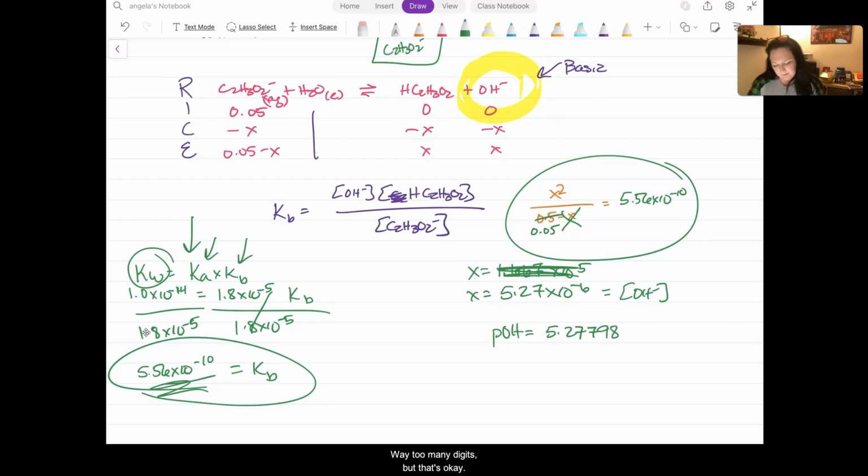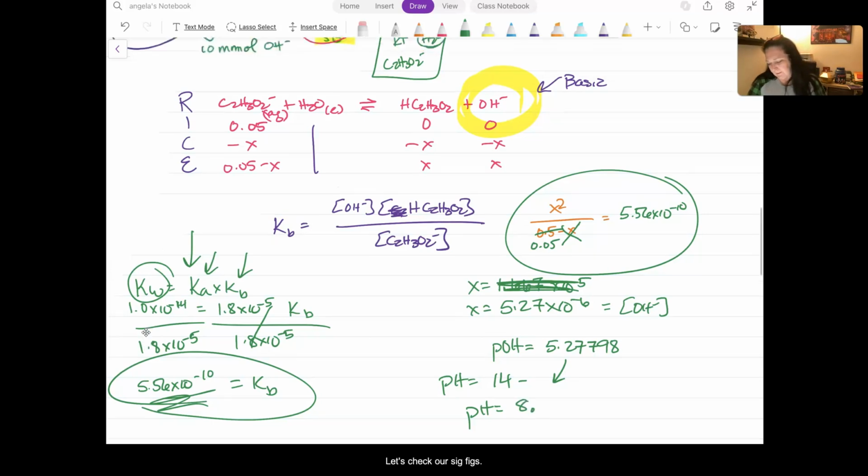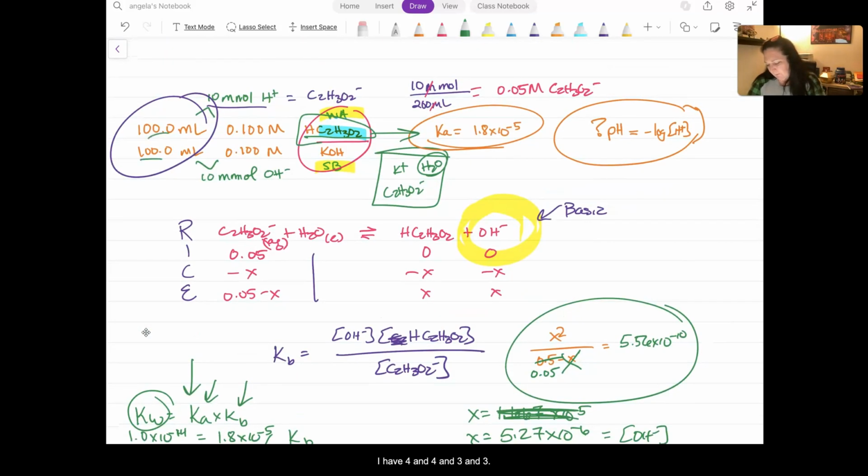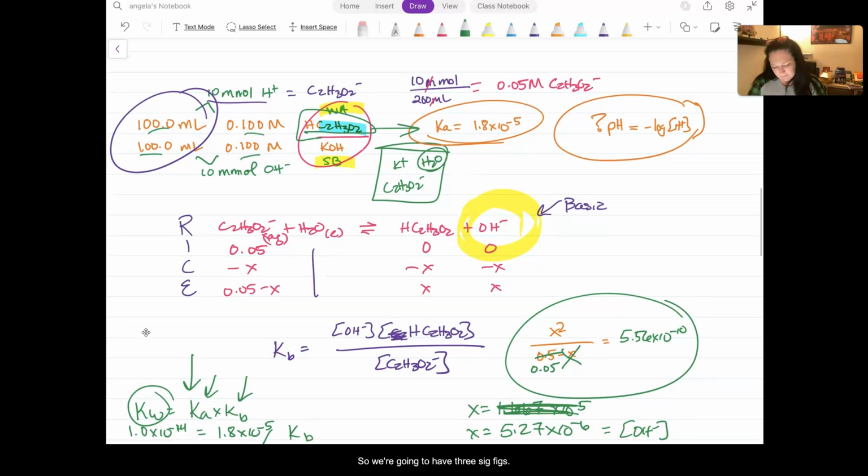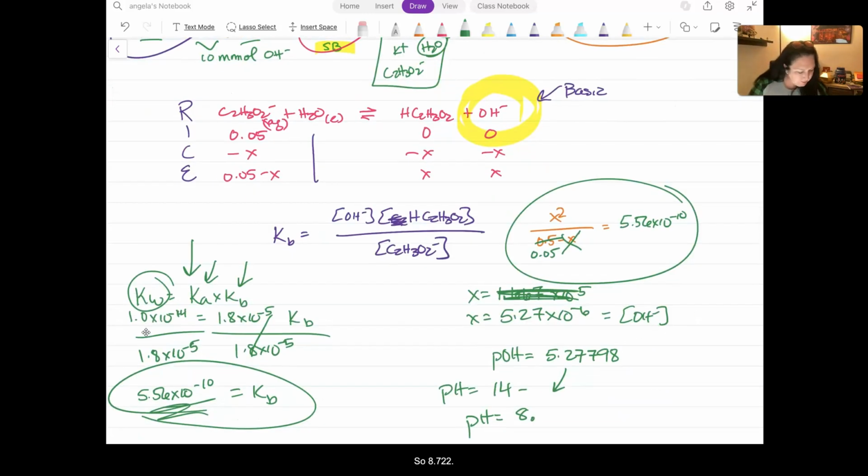Way too many digits, but that's okay. And the pH is equal to 14 minus that number. So 14 minus that answer, and I get my pH is equal to 8. Let's check our sig figs. I have 4 and 4 and 3 and 3, so we're going to have 3 sig figs. So 8.722.